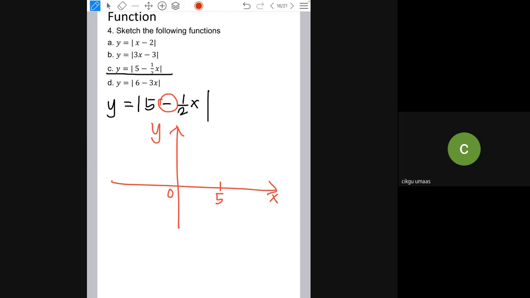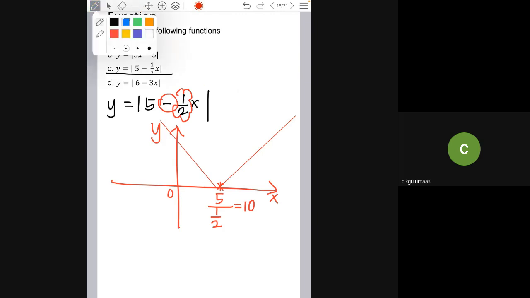But in this question, there is a number next to the x. What is the number next to the x that you see here? It is 1 over 2. So you divide by 1 over 2, you get 10. So the graph touches exactly at 10 and goes up.